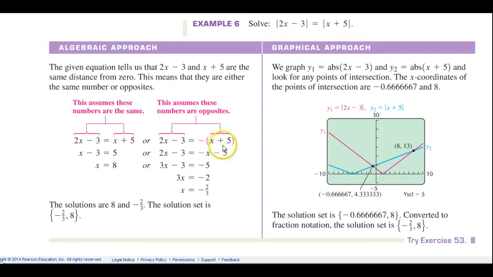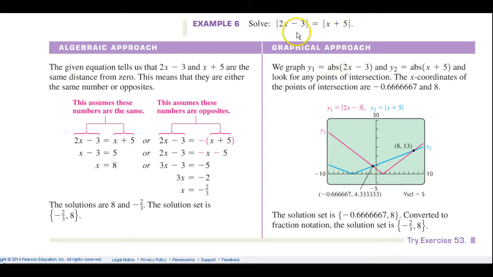We're reversing the signs. This becomes a negative. This becomes a negative. We're going to add 3 to both sides, and then this one is a fraction. So there are your solutions for when both are in absolute signs.